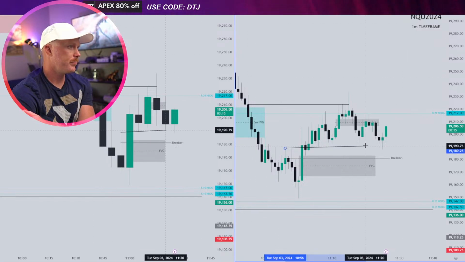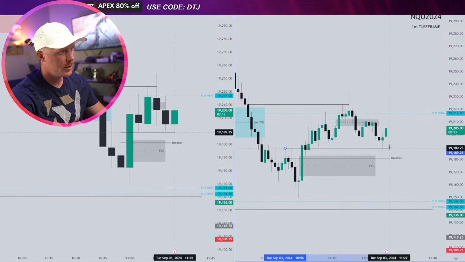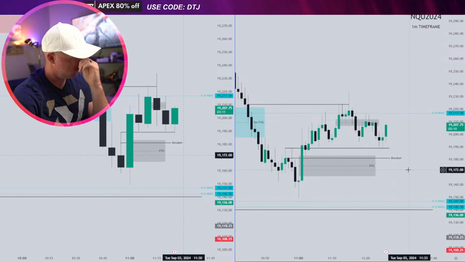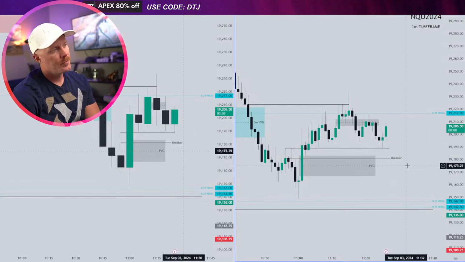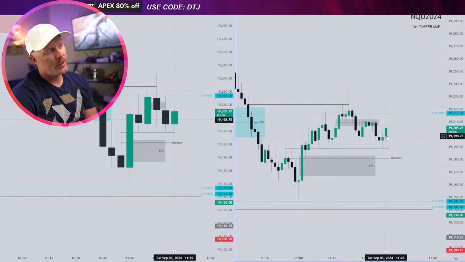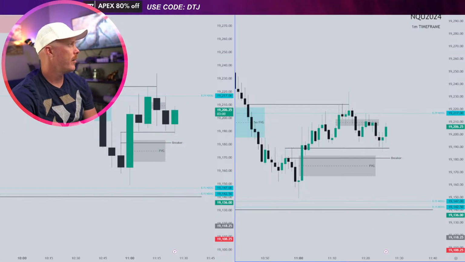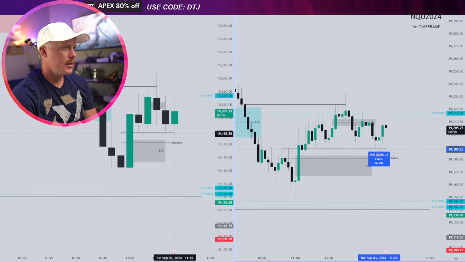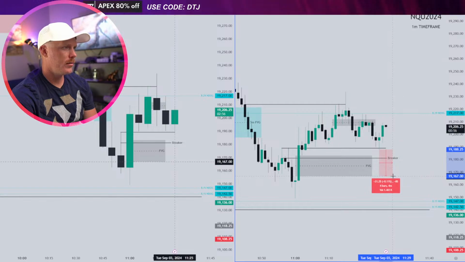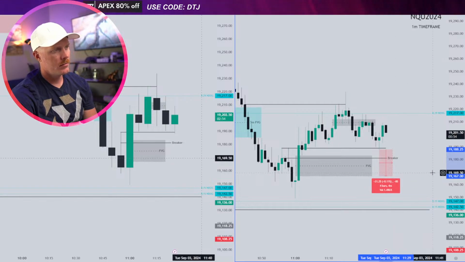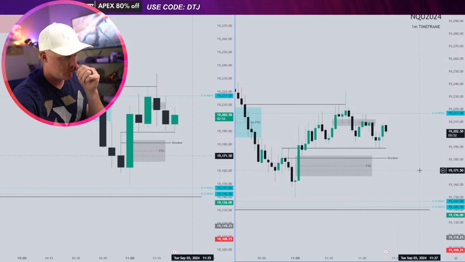Please don't go. That's what it just touched right there. If it goes without us, it goes without us, I guess. I would rather not take it here and have all of this as your potential drawdown. 20 handles. I'm not going to do that.